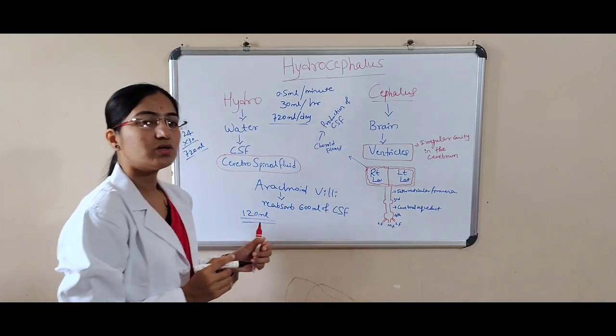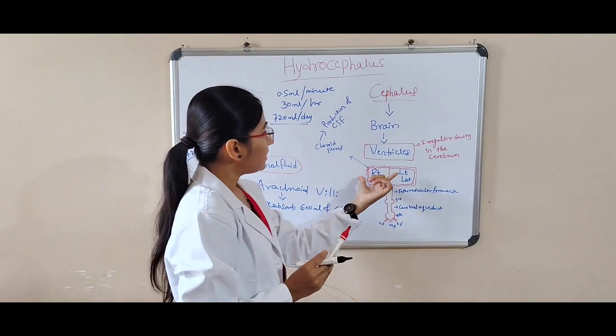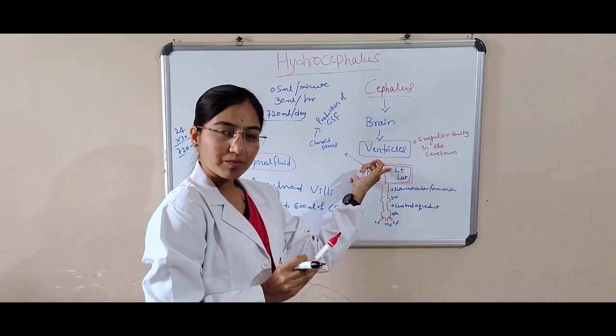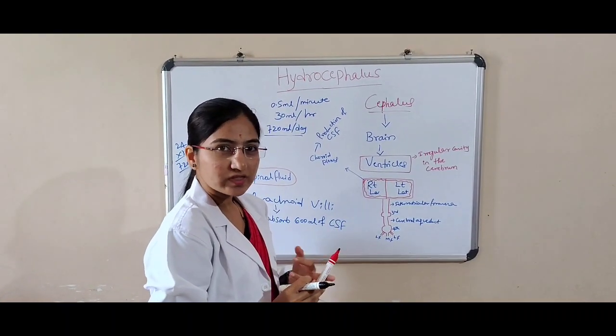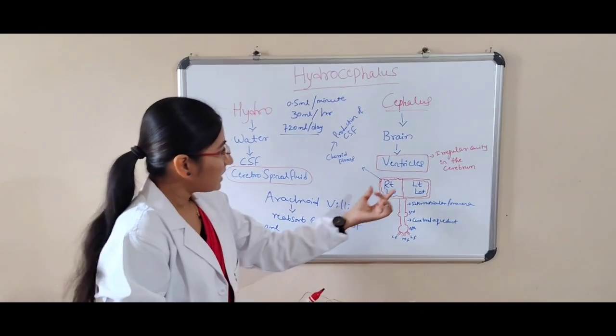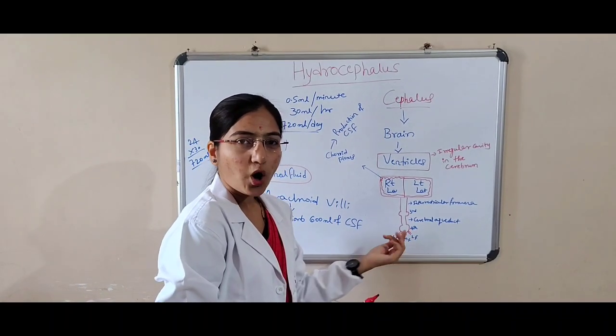What happens in the neurological defect with the babies? Here there may be more production of CSF, more than normal, more than 720 ml. That is excessive production of CSF. This is the first reason. And then it will not flow, it will not drain because of the obstruction.